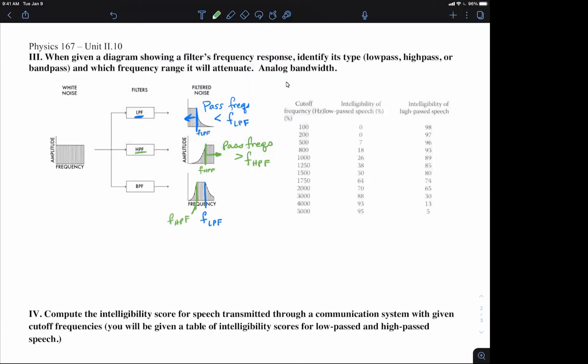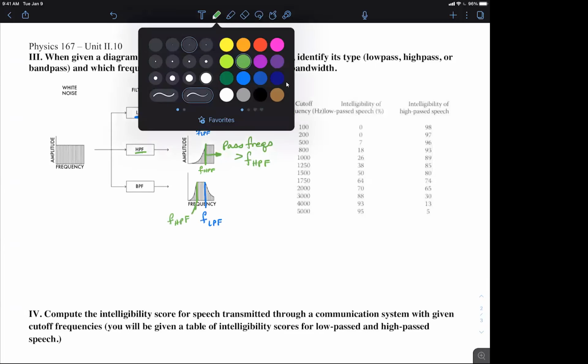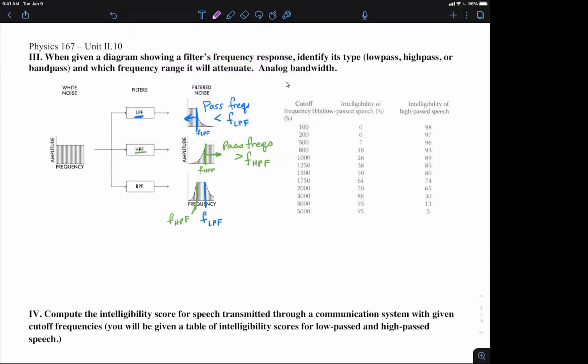Okay, and that would be then the band pass. So the band pass passes frequencies between the high pass filter cutoff and the low pass filter cutoff.